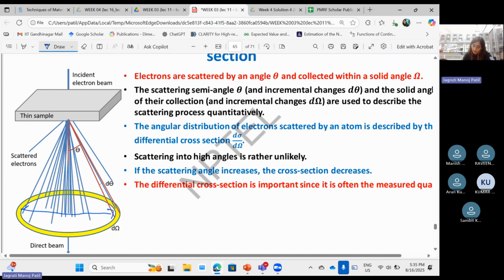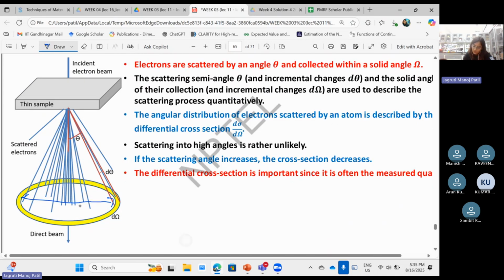If this is sigma, then it will depend on d sigma by d rho, for the amount of distance or area it has traveled through.